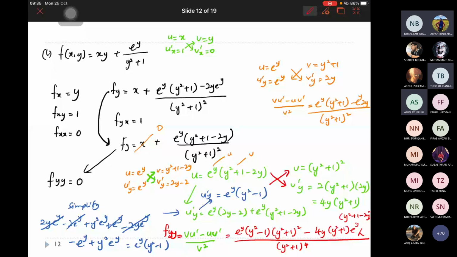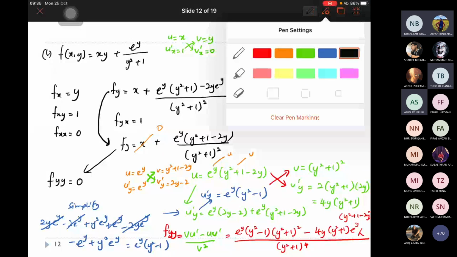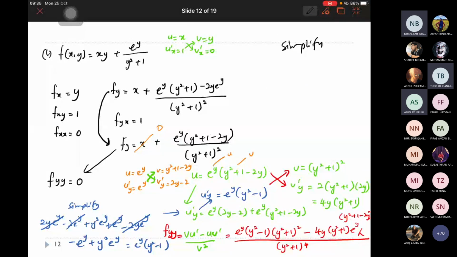Boleh simplify for that term. Kalau awak simplify, tak adalah simple sangat tapi still panjang jugalah. FYY, you are going to have exponential y, y squared minus 1, y squared plus 1 tolak 4y exponential y.